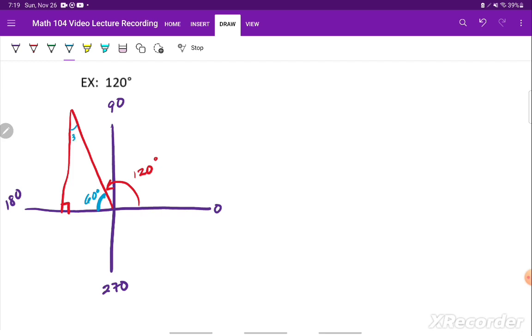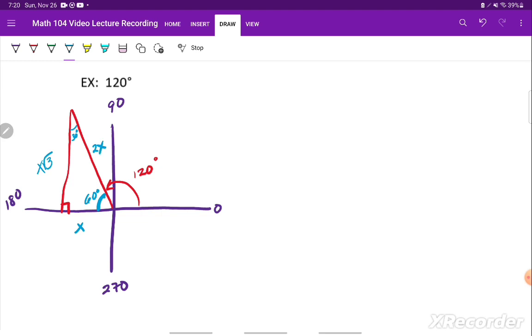So here we are again with our special right 30, 60, 90 triangles. I'm going to label the sides appropriately. Across from our small angle of 30 degrees is going to be our short side, which is x. Across from our big angle 60 is our long side, x square root of 3. And then our hypotenuse is 2x.